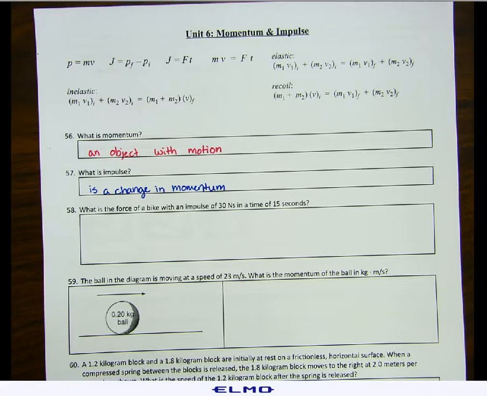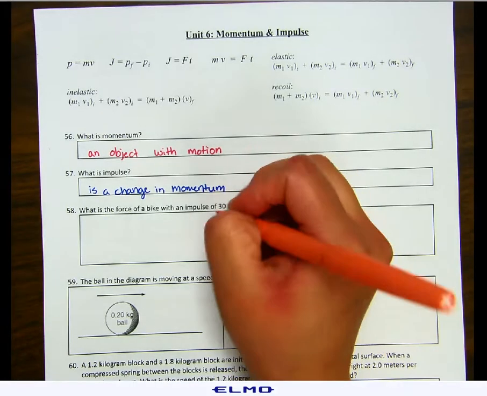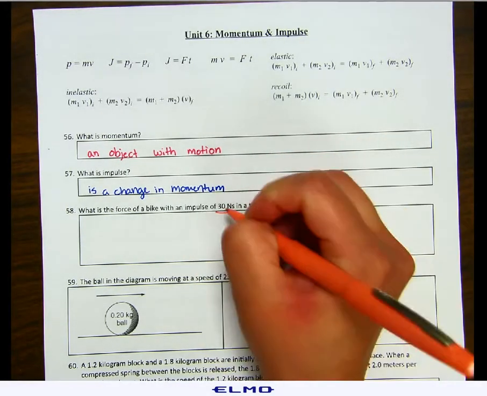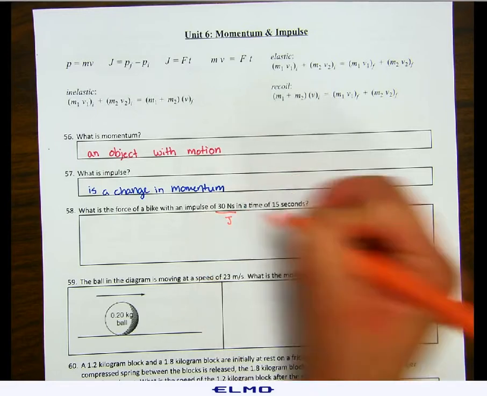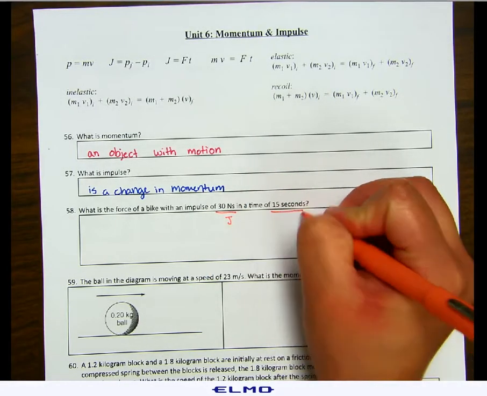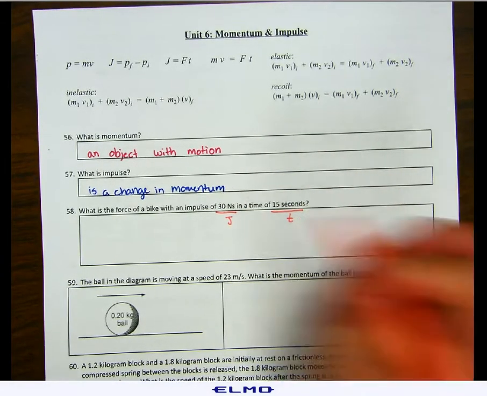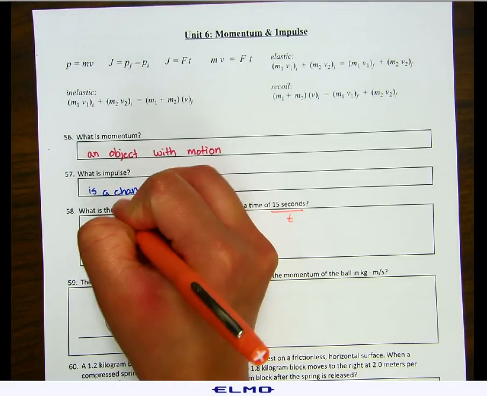Number 58, what is the force of a bike with an impulse of 30 Newton seconds and a time of 15 seconds? So we have our impulse, 30 Newton seconds, and a time of 15 seconds. We want to know the force of the bike.